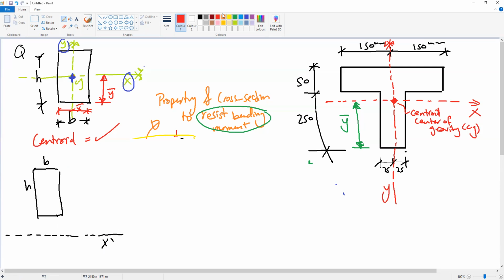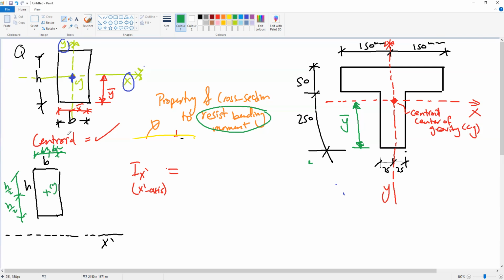If I ask you to calculate Ix dash, or Ix about the X dash axis, do you know how to find this inertia? To find it, we have the centroid of this area somewhere here. This is the CG, in the middle: H divided by 2, H divided by 2, and here B divided by 2, B divided by 2.